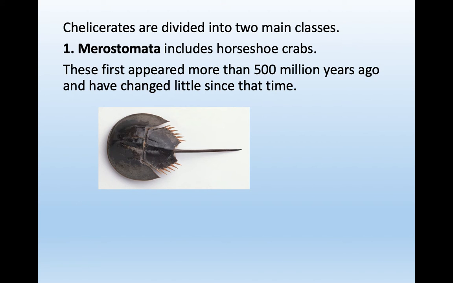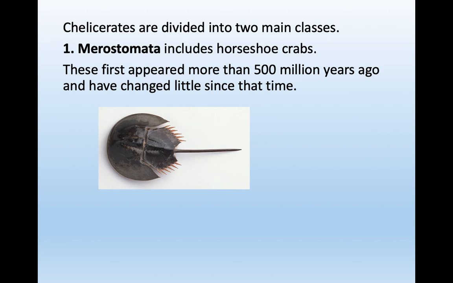Now Merostomata, horseshoe crabs, are some of the oldest living arthropods. They haven't really changed in a very long time. They first appeared more than 500 million years ago, and the fossil record has Merostomata ancestors looking very similar to what we see today. They haven't changed very much in their body plan over time.